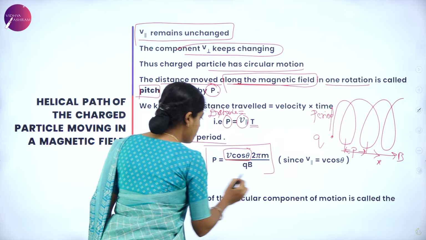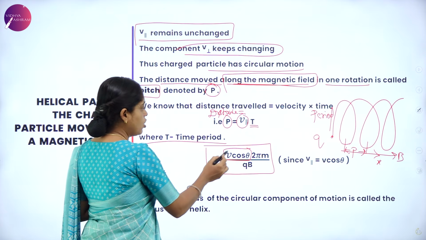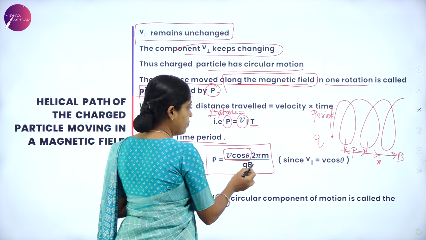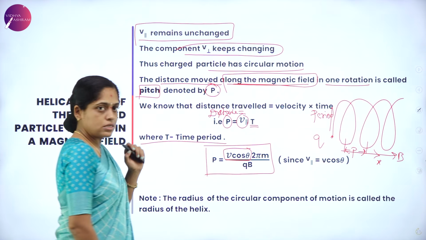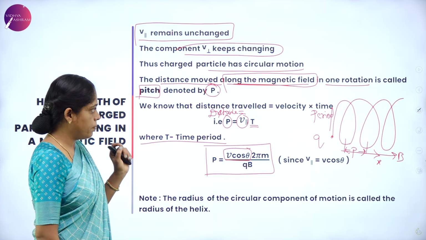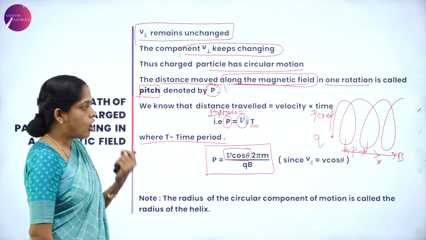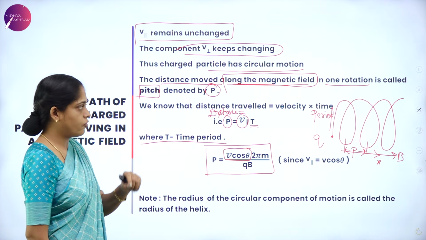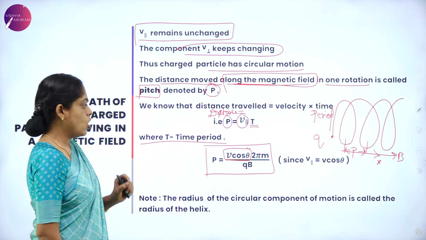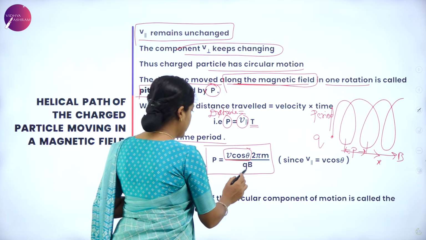Therefore, for the pitch, the expression is v cos theta times 2 pi m by qB. This is the helical path in which we define the pitch. What is the pitch? Pitch is the distance along the direction of magnetic field in one rotation, whose expression is v cos theta 2 pi m by qB.